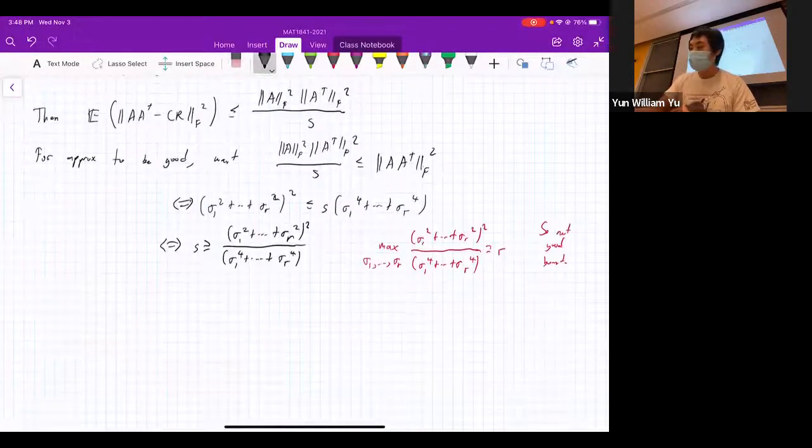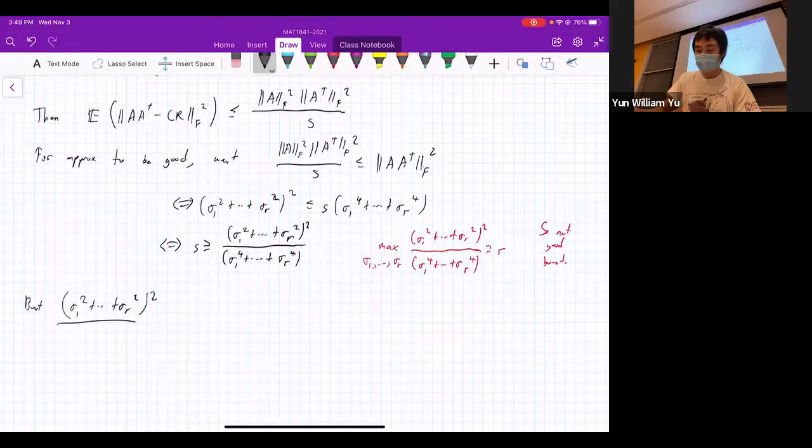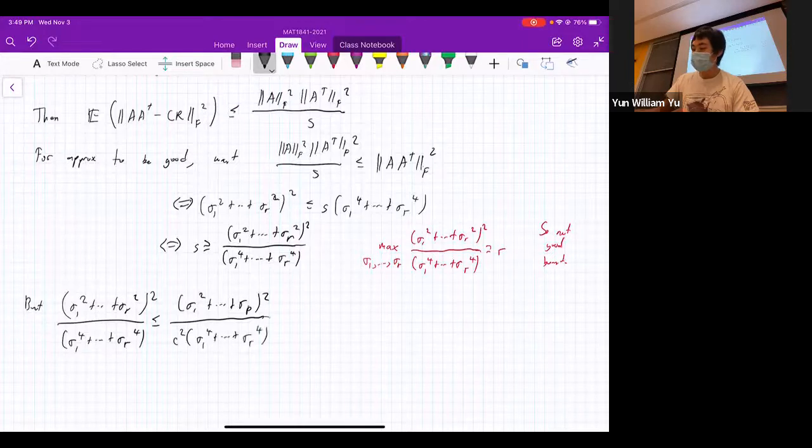And so we can use that back. But we know that (sigma_1^2 + sigma_r^2) / (sigma_1^4 + sigma_r^4) is less than or equal to (sigma_1^2 + sigma_p^2) / (c^2 (sigma_1^4 + sigma_r^4)), which is less than or equal to (sigma_1^2 + sigma_p^2) / (c^2 (sigma_1^4 + sigma_p^4)).